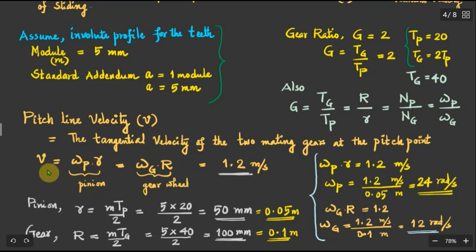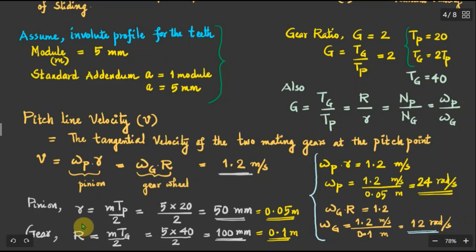So V is equal to omega p into r, where omega p is the angular velocity of the pinion and small r is the pitch circle radius of the pinion, and that is also equal to omega g into capital R, the angular velocity of the gear multiplied by the pitch circle radius of the gear. So omega p into small r is equal to omega g into capital R, which is equal to 1.2 meter per second, as given.